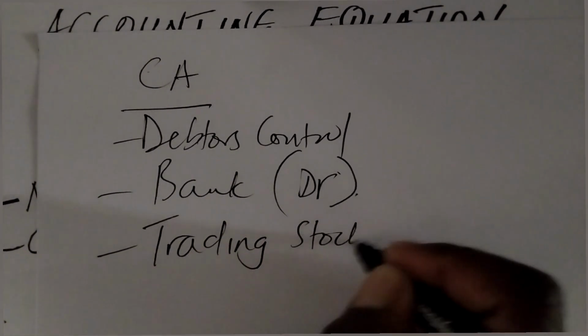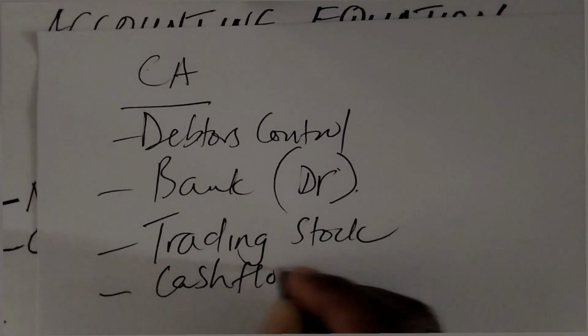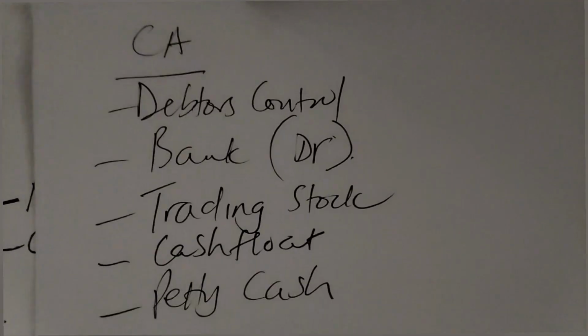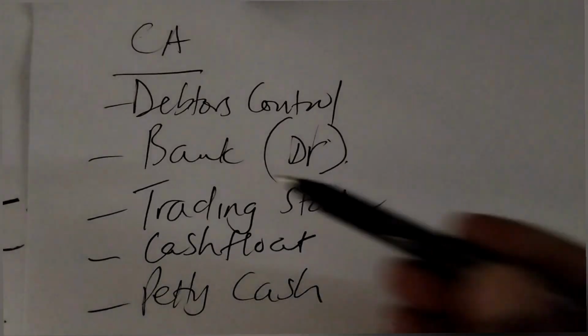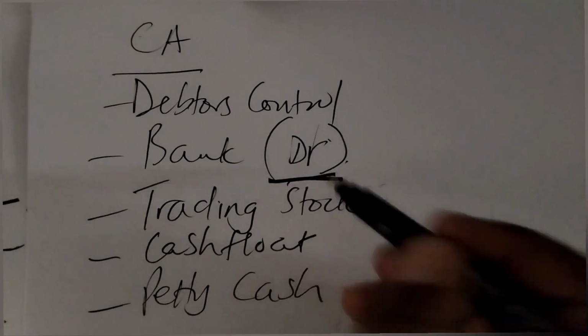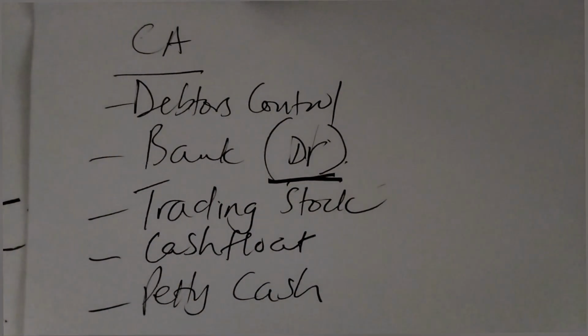You've got your cash float, and you've got your petty cash as part of your current assets. Now you'll see why I'm emphasizing that when bank is debit, because you're going to see the bank is also going to appear under another class if it's a credit.